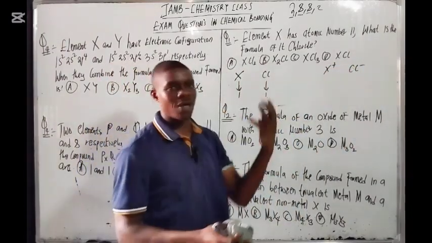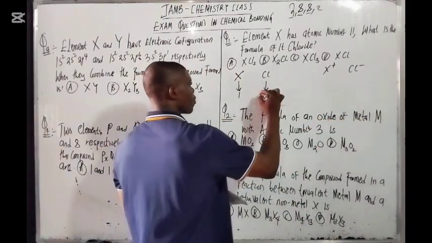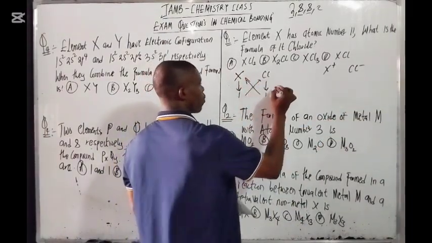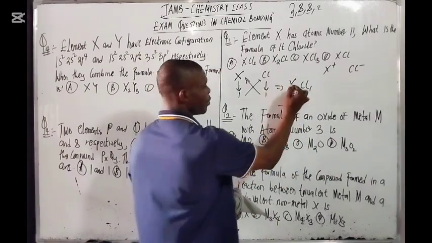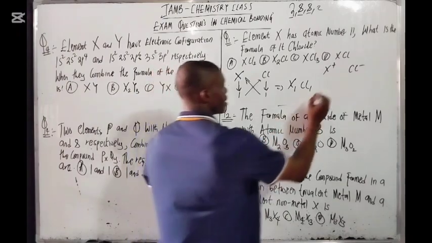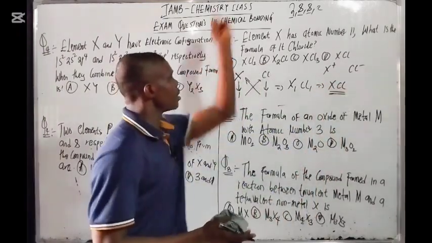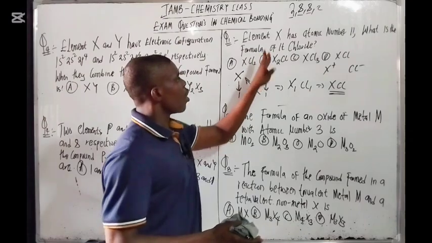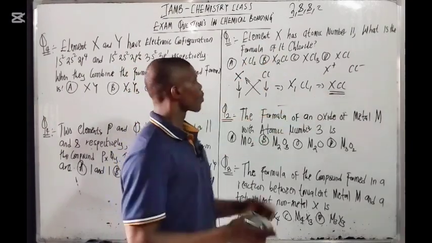So metal will always come first, non-metal will come later. So this one will move here, this one will move there. What do you have now? X1Cl1, right? But there's no point putting the 1, so it's going to be XCl. So the formula of this chloride is XCl.